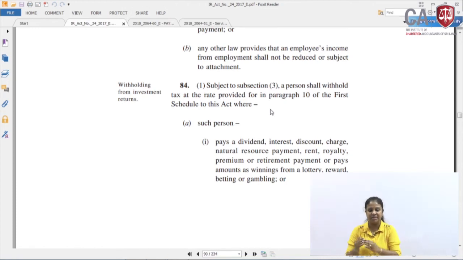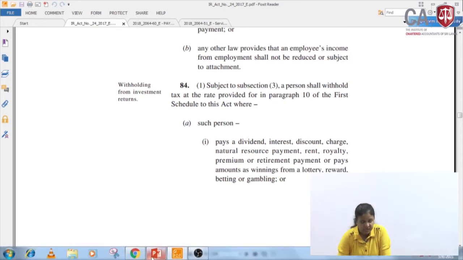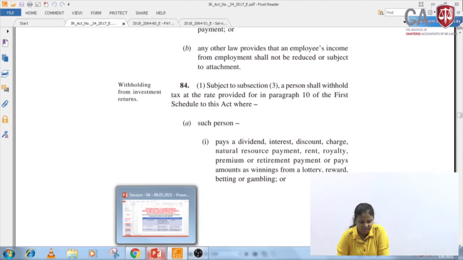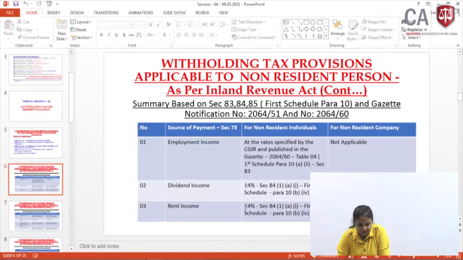And every time, even if it is an investment return, a service fee, or employment income, please link to section 88 and check whether it is a final withholding payment or not. I think it is clear. Okay, now I have referred to the Gazette notification also. I am directly going to the PowerPoint presentation.